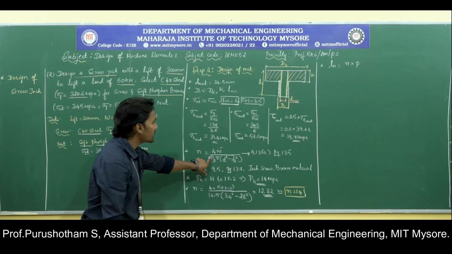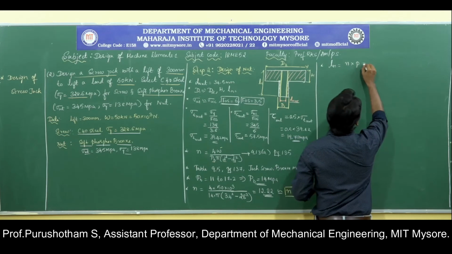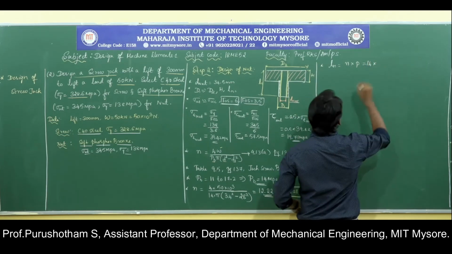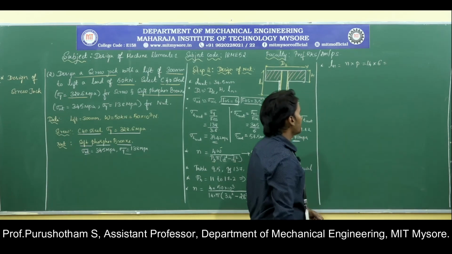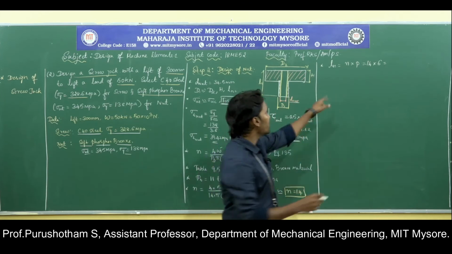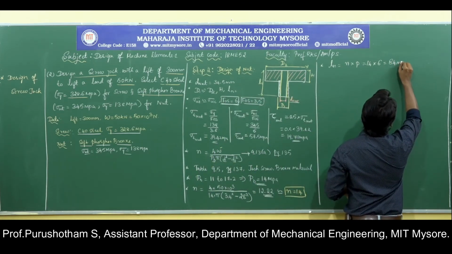If you multiply by the pitch, you will get the length of the nut. N is 14, and the pitch value from the data book is 6 mm. So the length of the nut, you will get 84 millimeter.